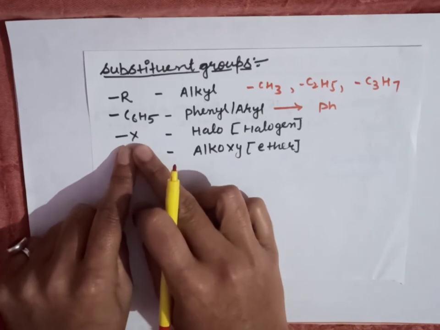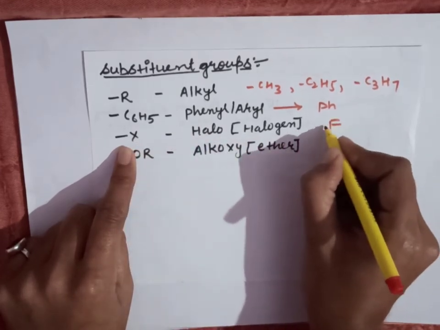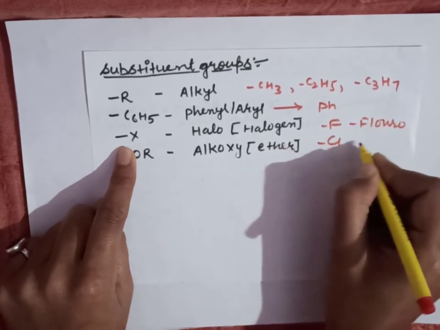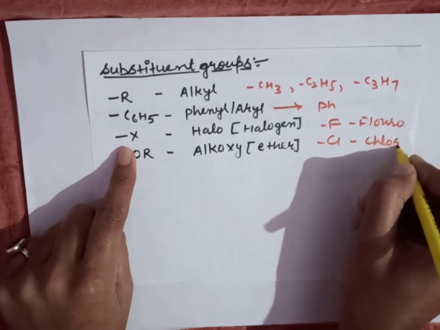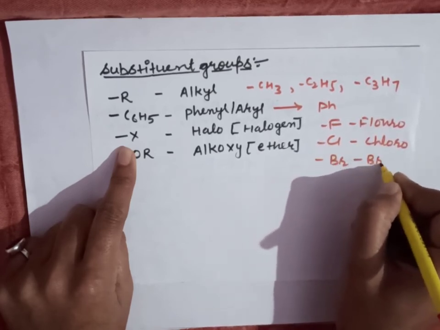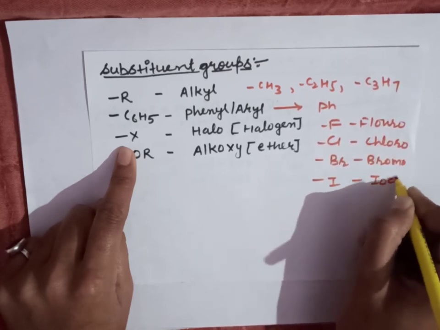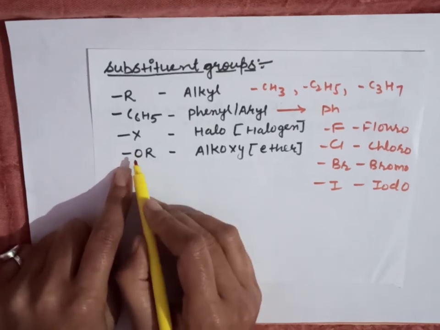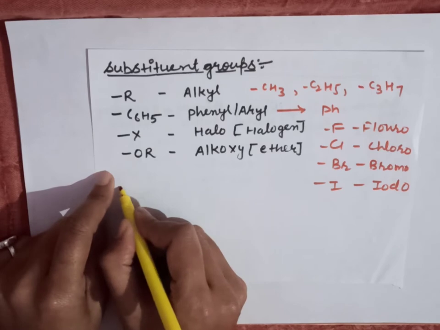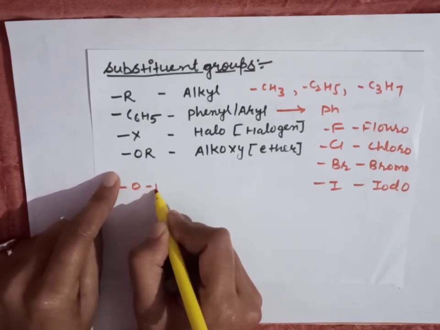Next one is halo. X represents halogen. If fluorine is attached, we use fluoro. If chlorine is attached, we use chloro. If bromine is attached, we use bromo. If iodine is attached, we use iodo. Next one is OR. This is the ether group, children. Here carbon, oxygen and alkyl group.